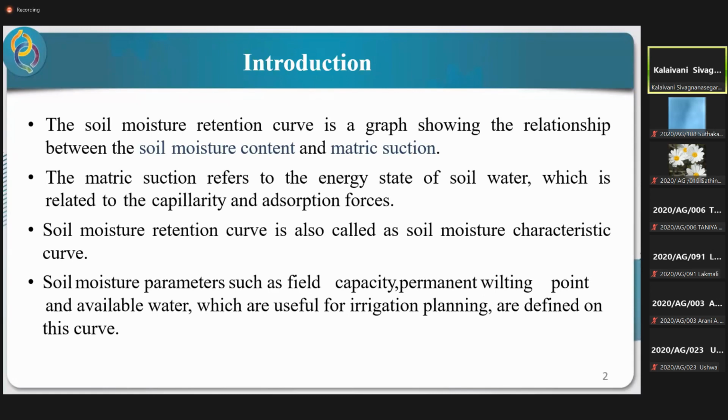Okay, so why do we need to do this? Why do we need to know the relationship between the soil moisture content and the matric suction? Can you answer me that?